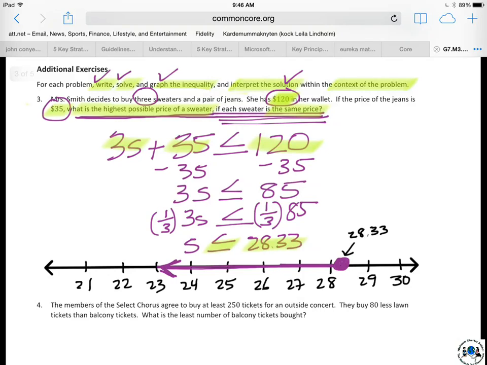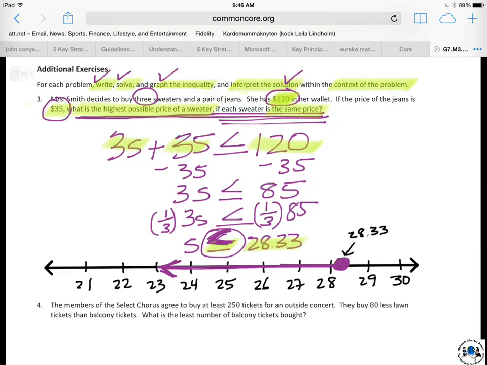So the point $28.33 is just to the right of $28, and the point is filled in because we are looking for less than or equal to. It moves to the left because that's the way our inequality sign is moving, which means less than.